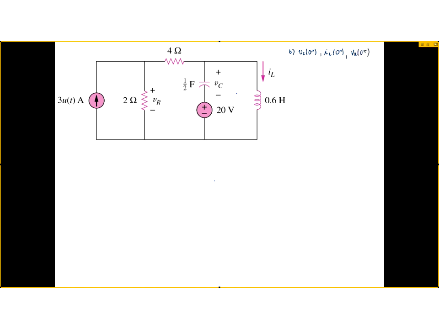So it's initial values we're looking for, and initial values, if they're not given to you, where do you get them from? Where do IC's initial values come from? Yeah, the circuit at t equals 0 minus, and that's because of what? The no jump condition, right?